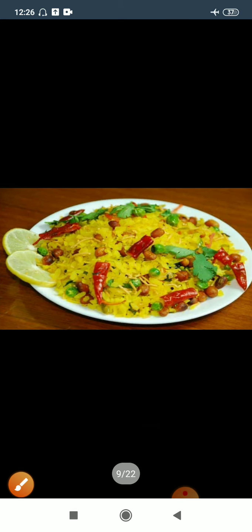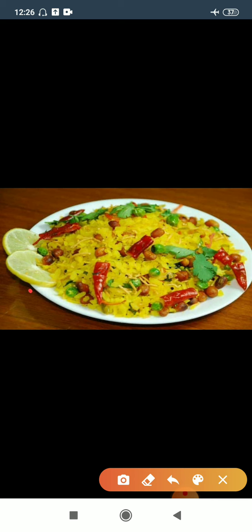Now you can see here one plate is full of poha. Now tell me what type of ingredients you can observe from this picture.